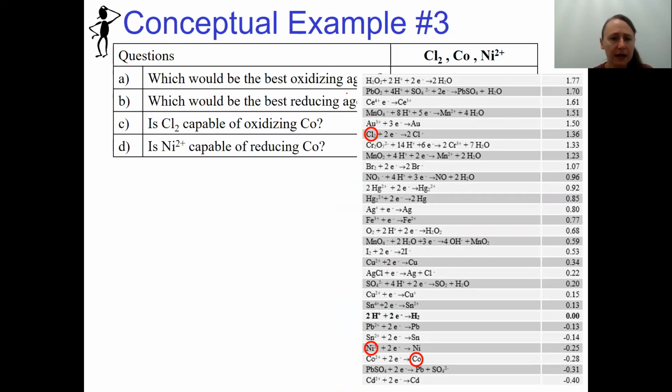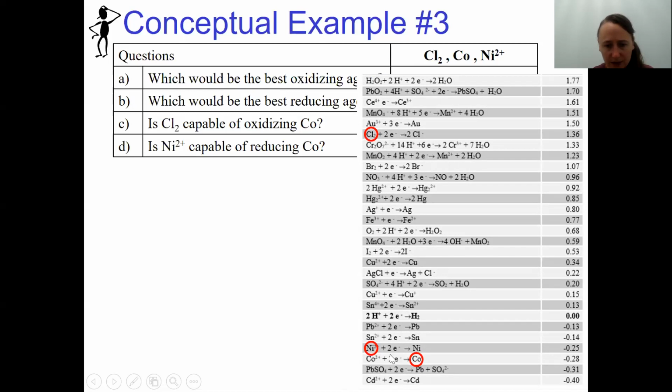So which would be the best oxidizing agent? Oxidizing agents get reduced. So this is a table of reduction. The things that like to get reduced are at the top of the table. Chlorine is on the reactant side and it's towards the top.